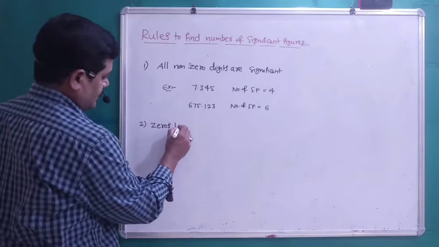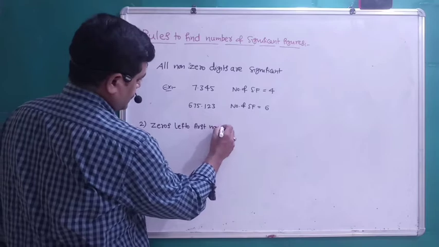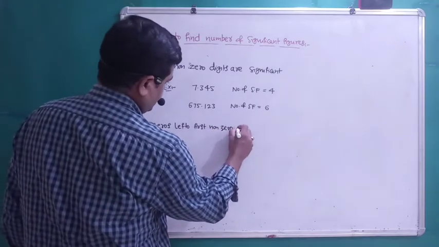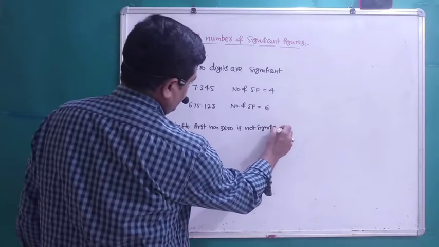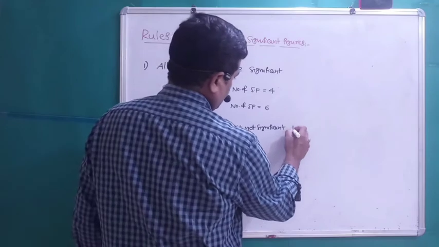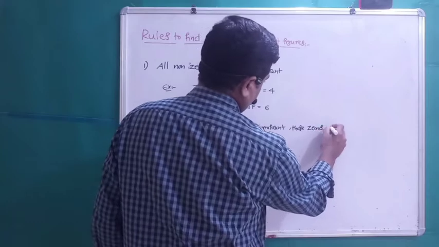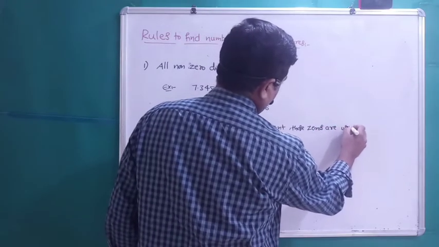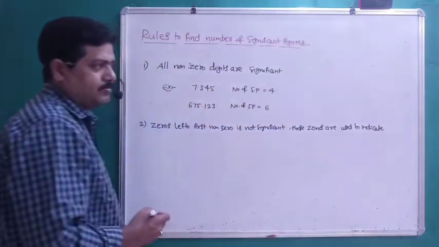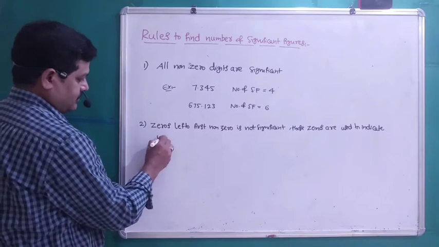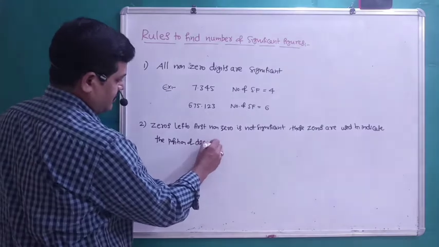Zeros to the left of the first non-zero are not significant. Those zeros are used to indicate the position of the decimal point.